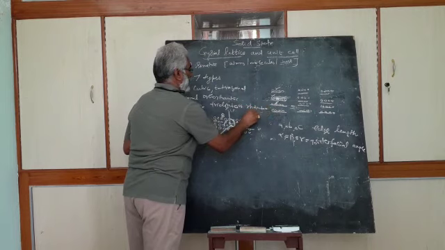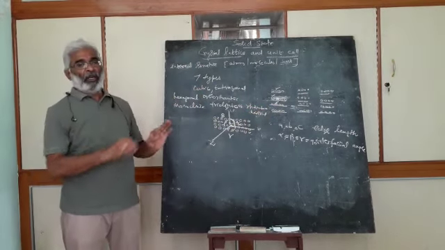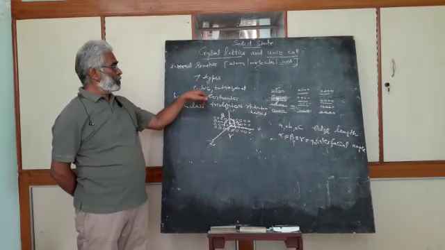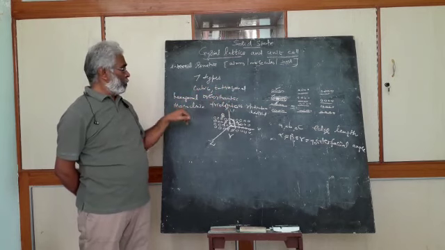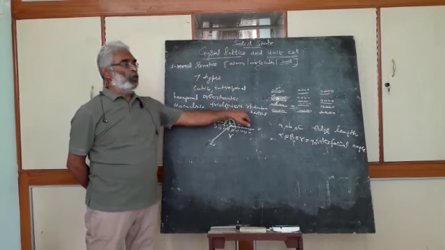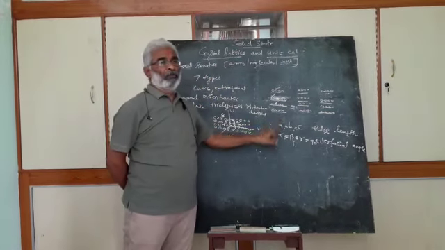So these are the 7 types of unit cells found in different crystals. Let me repeat the names: cubic, tetragonal, hexagonal, orthorhombic, monoclinic, triclinic, rhombohedral. How do they differ? Only in these parameters.